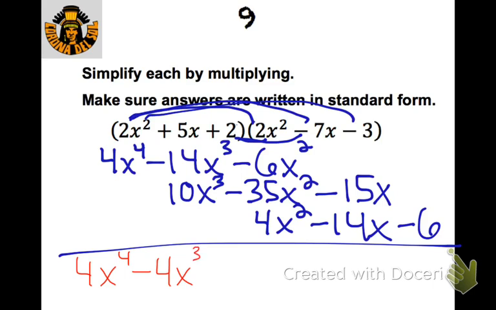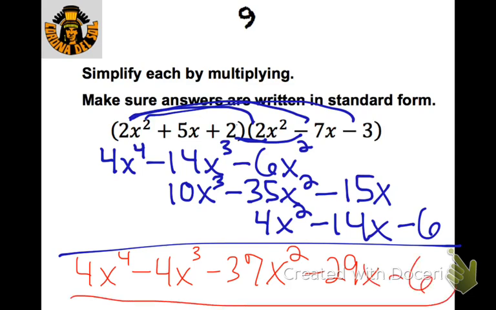Let's see, this one should be minus 41 plus 4, so minus 37x squared. And then these add together, so that's going to be minus 29x, and then minus 6.